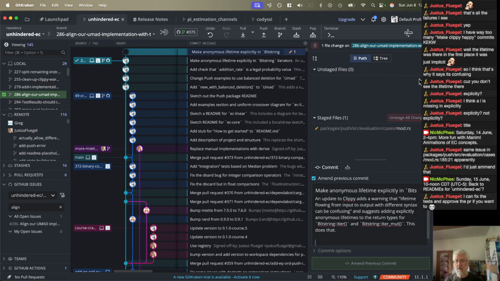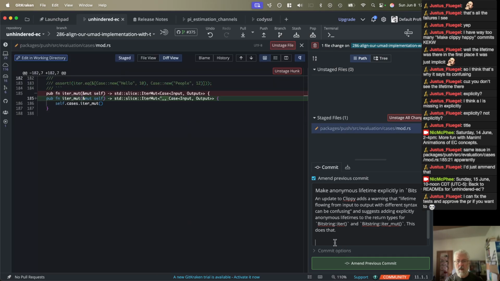I guess it helps if I actually stage the file. A similar issue for cases iter mut. Actually, cases iter mut, isn't it? Yes.